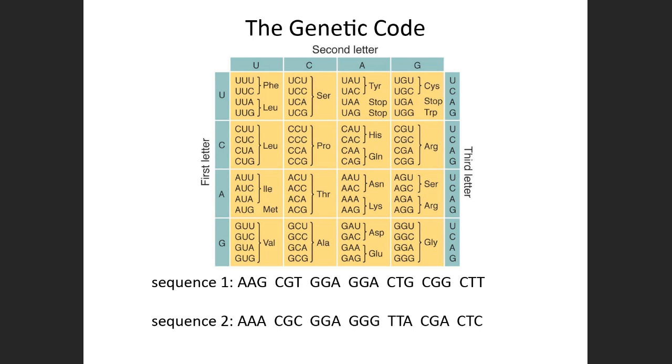If we start on sequence 1, we have AAG, and we go to our first letter A, our second letter A, go to G. Here we have lysine. So that's the first one. If we go here to our second sequence and we look for AAA, we go A, and A, we have lysine.